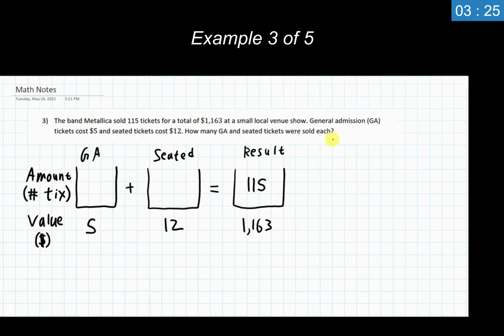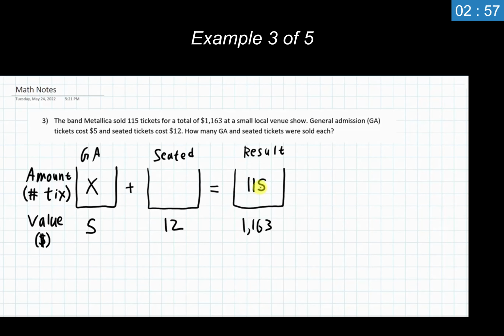So our only alternative with this is to basically say, all right, if I knew the number of general admission tickets, let's say it was X tickets, well, how many seated tickets would I have if the total is 115? Well, I would have the number of general admission plus the number of seated would give me the total result here. It's a reasonable assumption that these could add together.